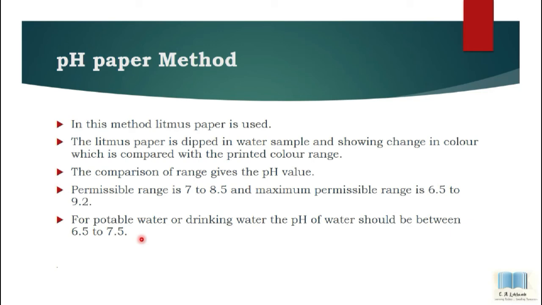So in this method, litmus paper is used, and after the litmus paper is used, the change in color is compared with the printed color range. The permissible range is 7 to 8.5 and the maximum permissible range is 6.5 to 9.2, and for potable or drinking water, the pH value should be between 6.5 to 7.5.